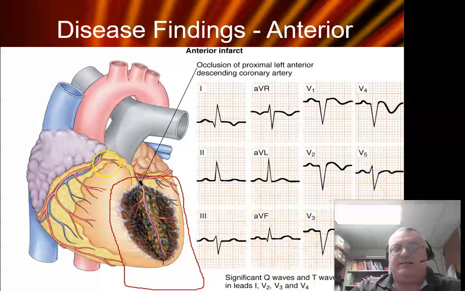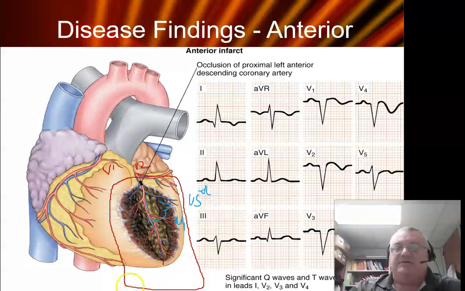Now, let's go to a special degree of stupid here. V1, V2. Matter of fact, I'm gonna change pen colors here and say ink color. Let's go to this right here. So I got V1, V2, V3, V4, and then 5 and 6 are actually over here on the sides.